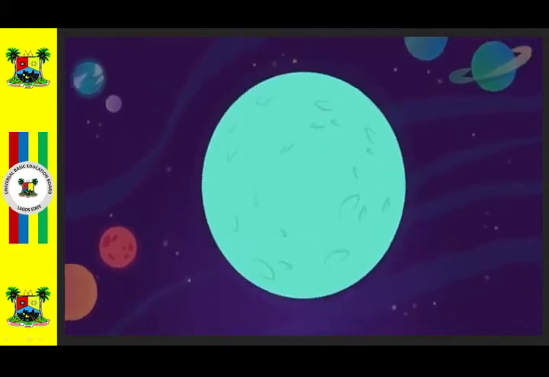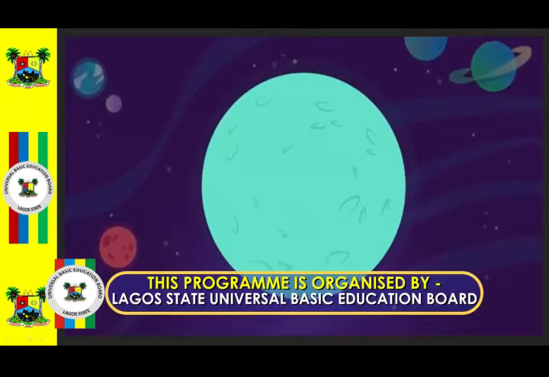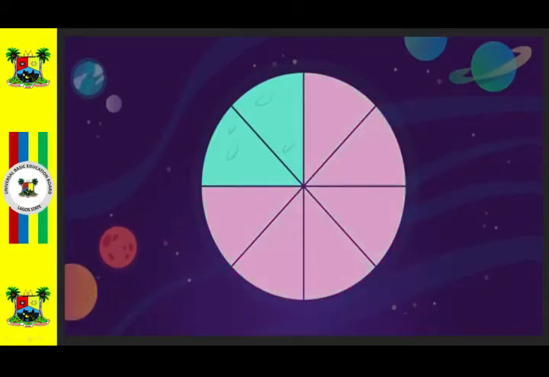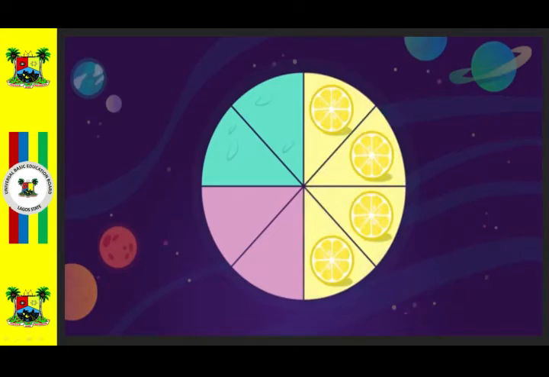In the Smile and Learn universe, there's a planet called Smiley-thon. The planet is divided into 8 equal parts. In 6 of these 8 fields, they grow apple trees and lemon trees. If 4 of the 8 fields are planted with lemon trees, how many fields are planted with apple trees?